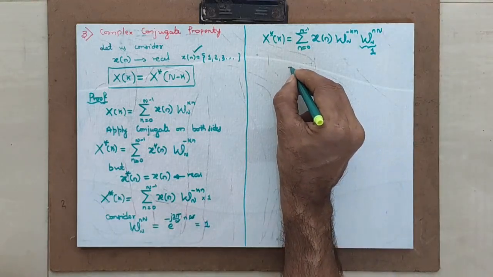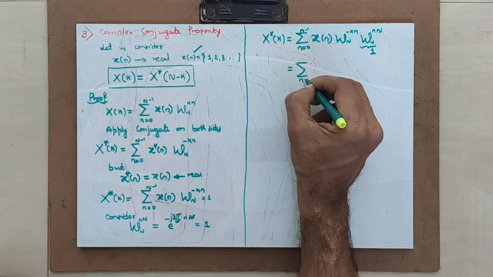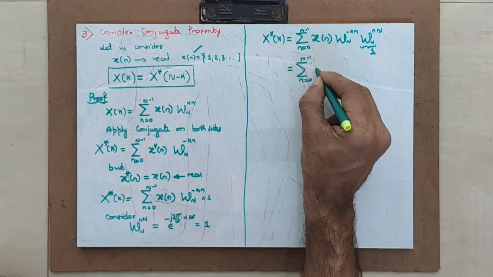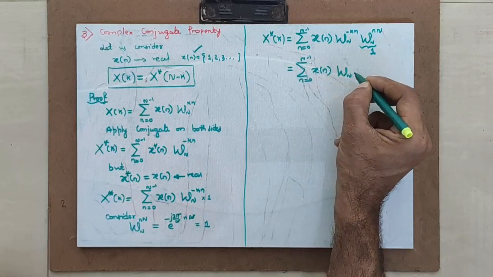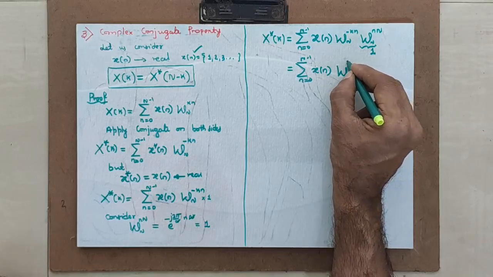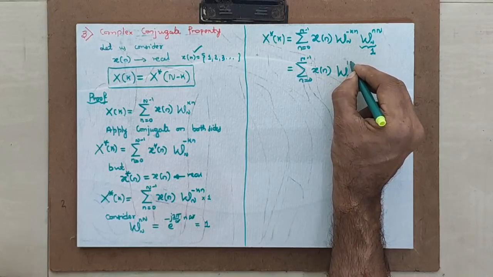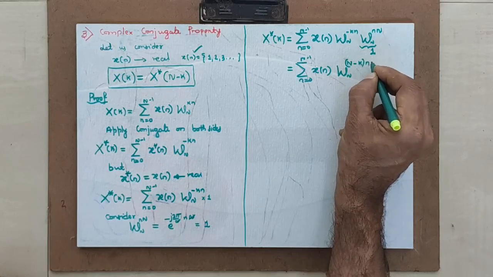Now this can be taken as summation n equal to 0 to N minus 1 x of n W_N raised to N minus k into n, correct?